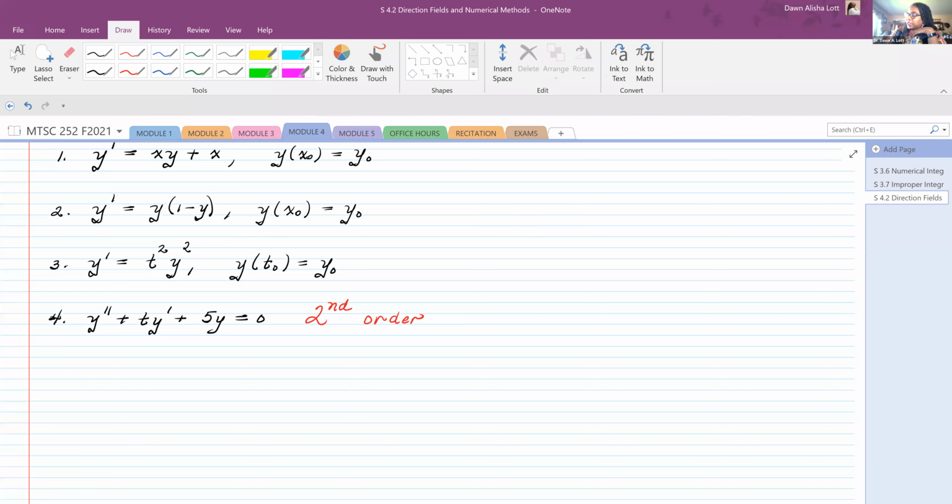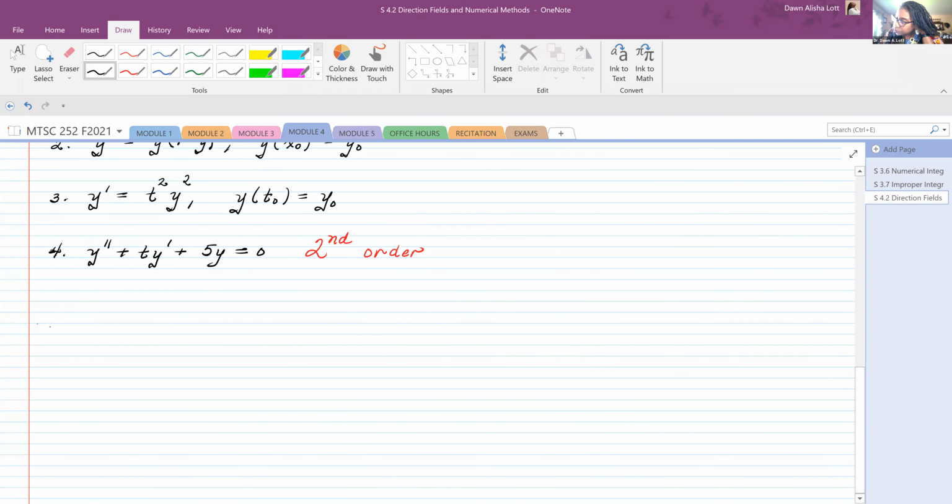Okay, so it's going to be given to you dy dx or dy dt. Let's use dy dx is equal to a function of x and y. So basically I'm telling you what the derivative of the function looks like at every x and y.